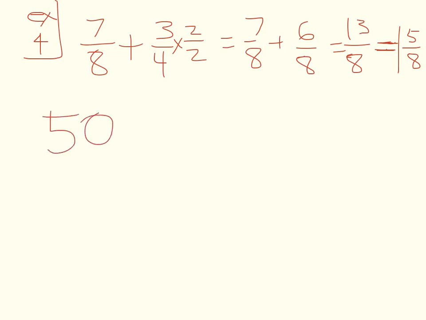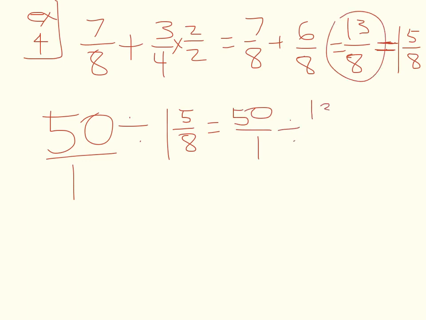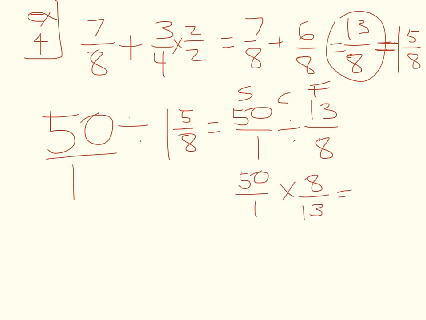We've got 50 cups. Divide that by 1 5/8 cups each day, and that'll give us how many days. So put that over 1. We now have 50 over 1 divided by, well, we can go right back to 13 over 8. Divided by 13/8. Stay, change, flip. 50 over 1 times 8 over 13. So this is going to tell us how many days we can actually do this.